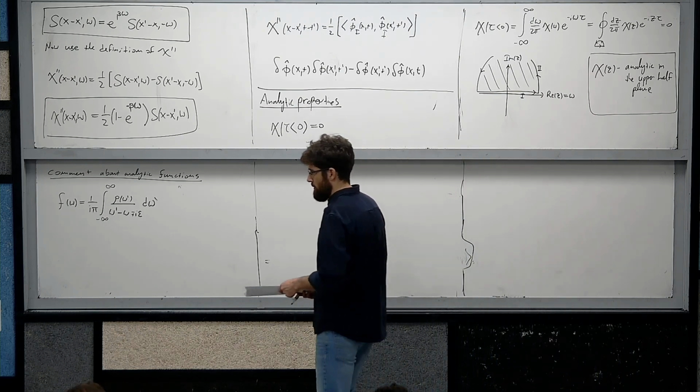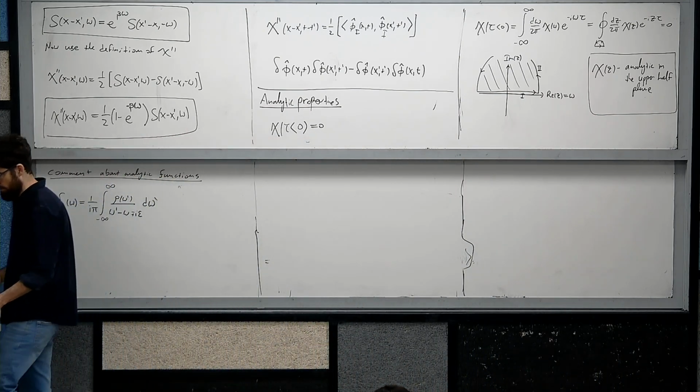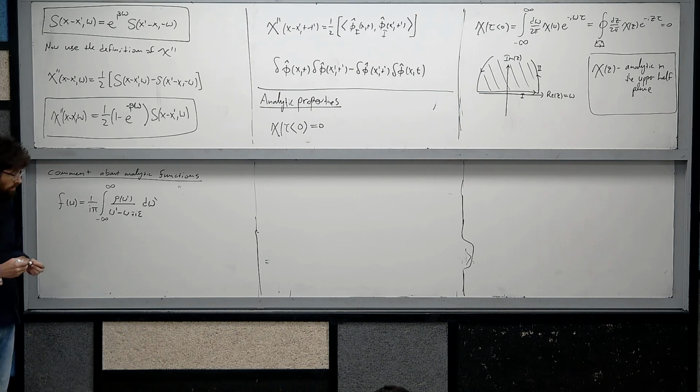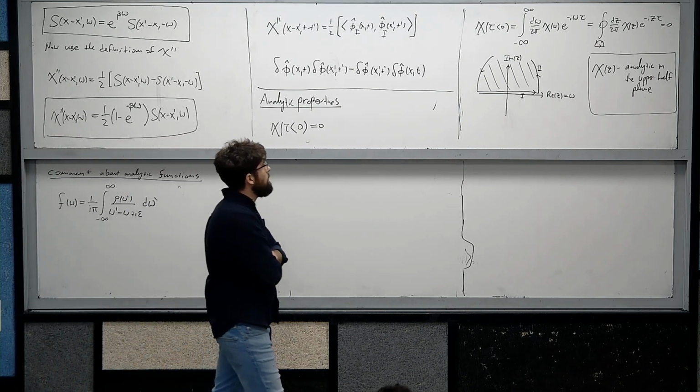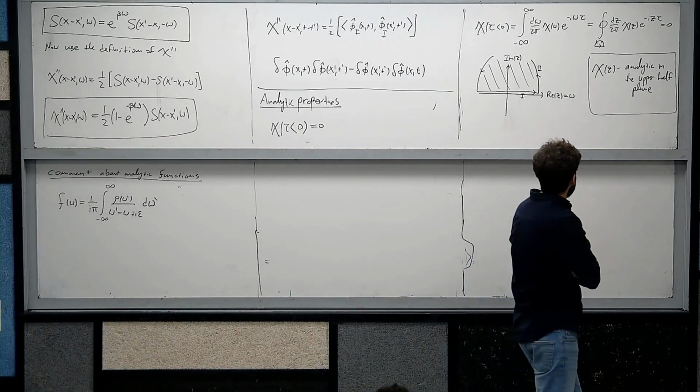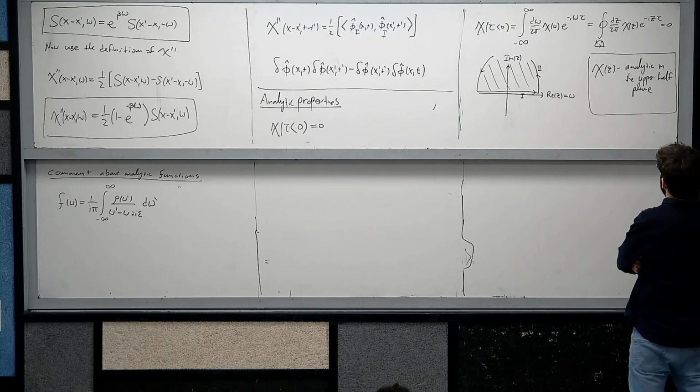Let's see. So you're saying, what if chi of z has two simple poles of equal weight. Yes, the opposites.